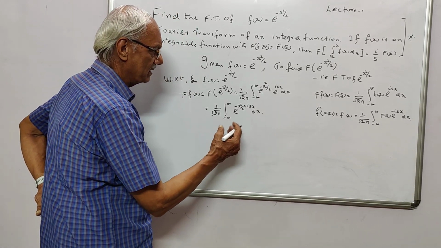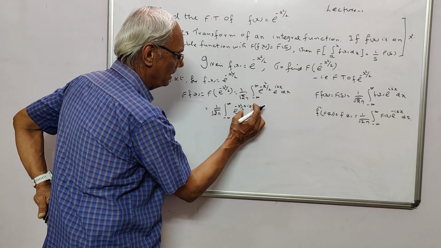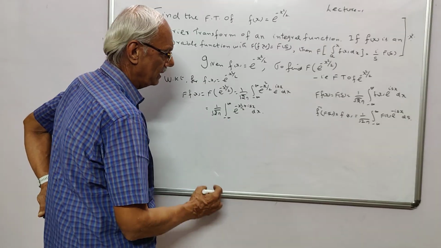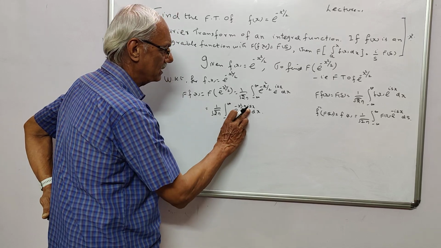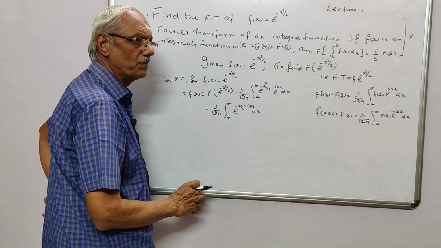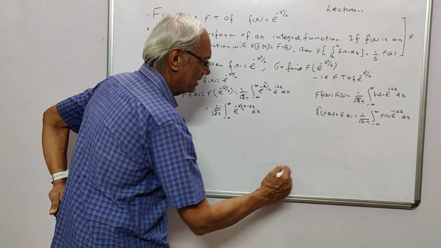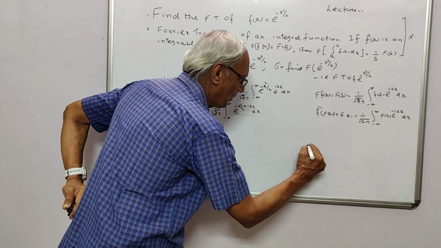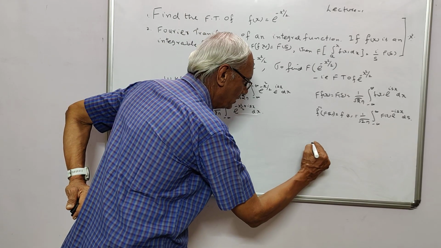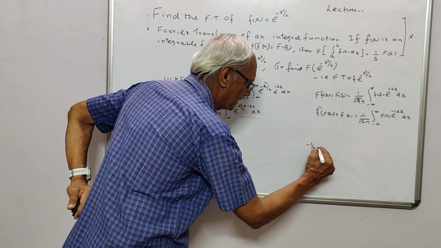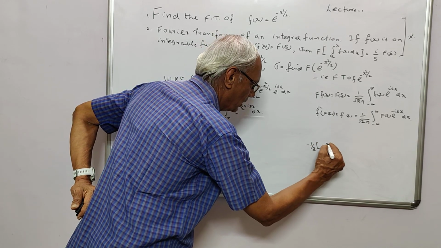Now I will explain certain things here, taking only the power of this e. What I am going to do is make this a perfect square. How to make it a perfect square?